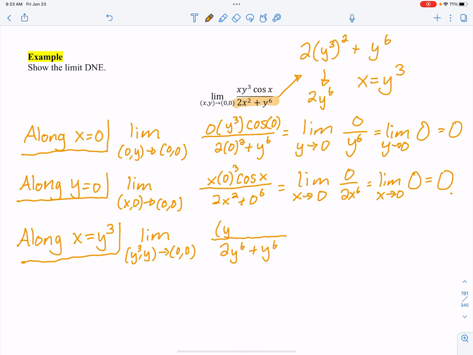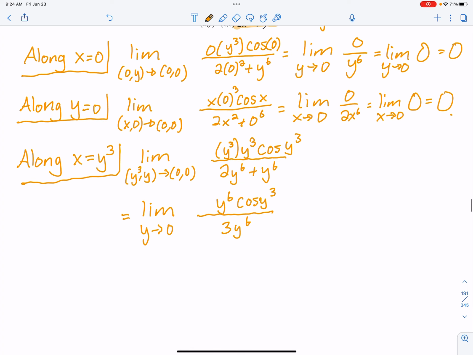Okay, so it's y to the 3rd times y to the 3rd times cosine of y to the 3rd. This limit, because y to the 3rd approaches 0 when y approaches 0, I can just change it to y approaches 0. And that's just because they both approach 0, well, not in the same fashion, but they both approach 0. Okay, so we get then y to the 6th cosine y to the 3rd over 3 y to the 6th.